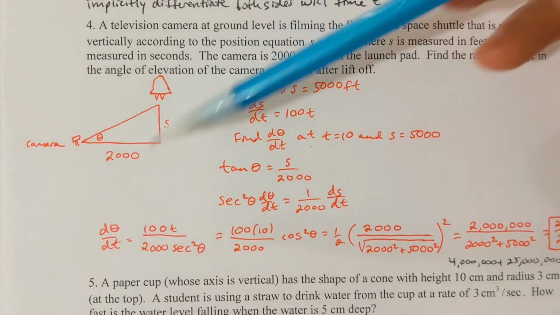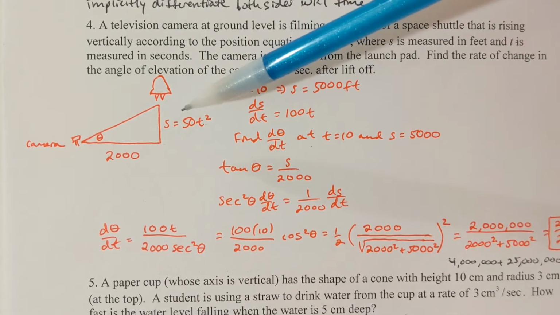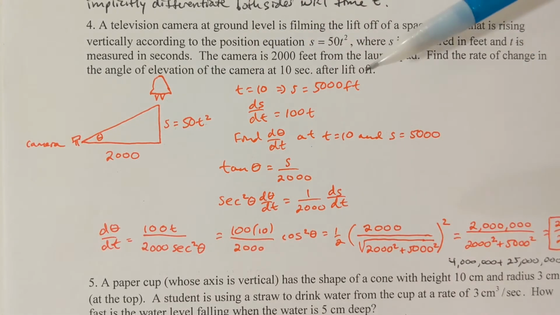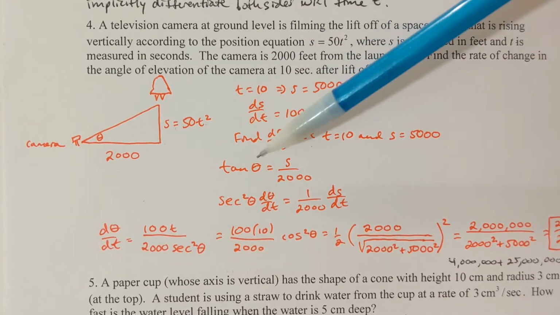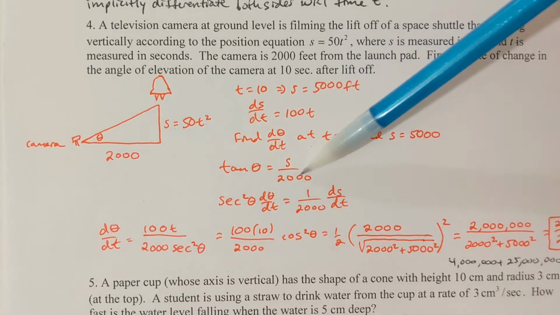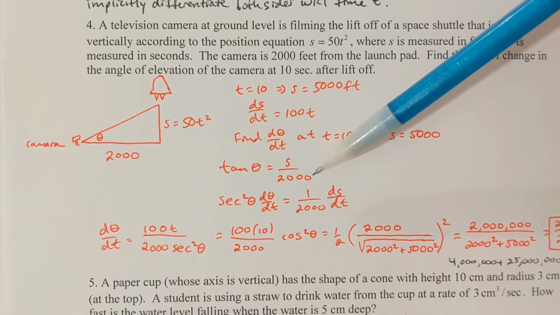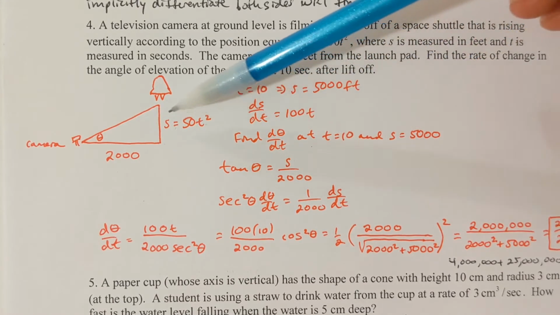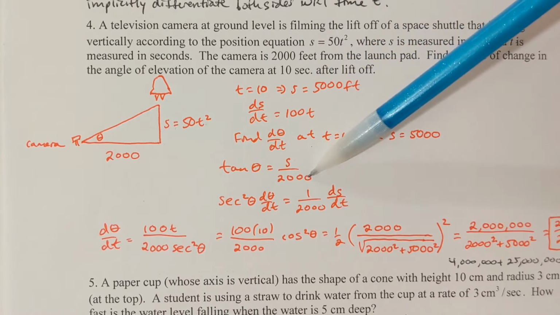Now, in this picture, I have information known about the opposite side of theta and the adjacent side of theta. Okay, opposite over adjacent, that's tan theta. So I'd want to set up an equation here in terms of tan theta. Tan theta is opposite over adjacent. Opposite side is s. The adjacent side is 2,000.